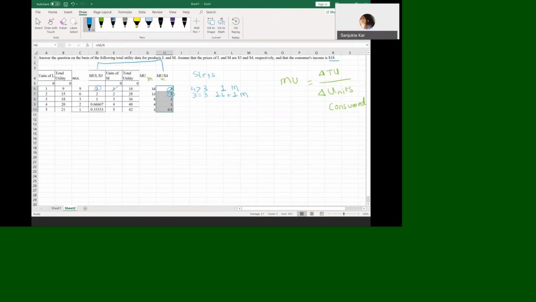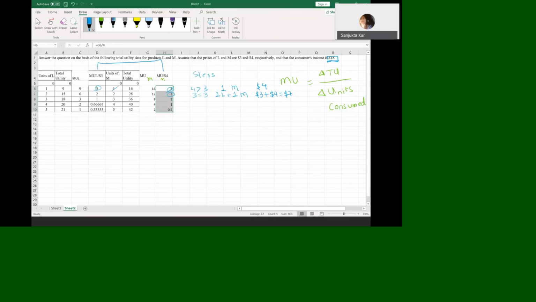This is 4. 1 unit of L is 3. 1 unit of M is 4. This one is 7. This one's 4. Only $11. My bad. So consumer needs to spend $18.